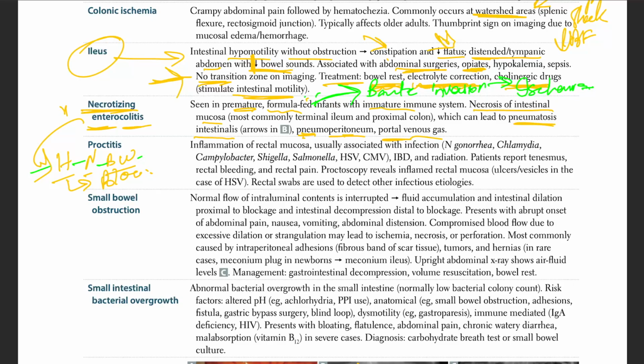So when you have that, the air goes out, causing pneumatosis intestinalis, pneumoperitoneum, and portal venous gas.